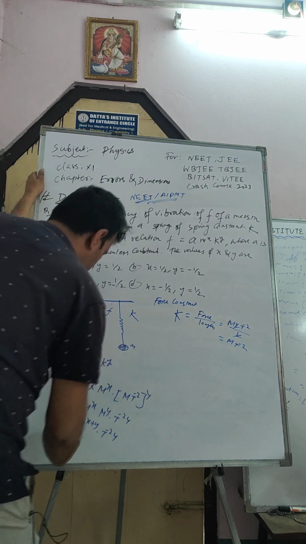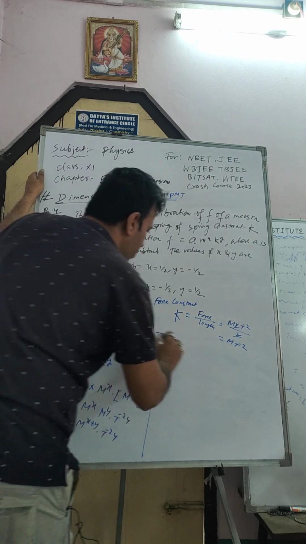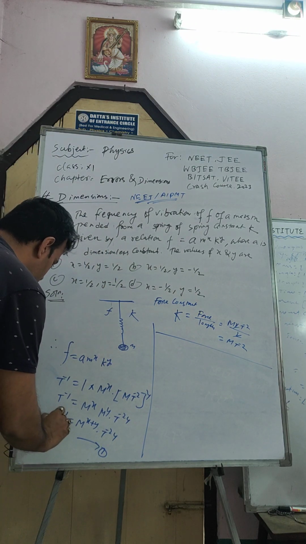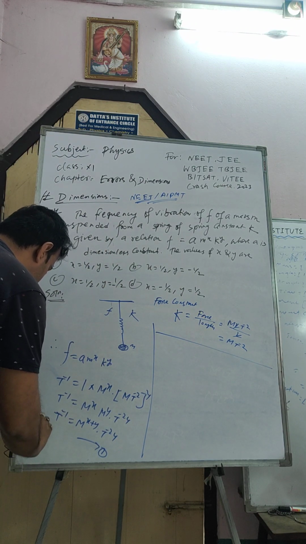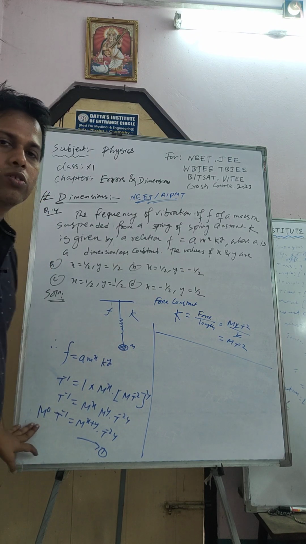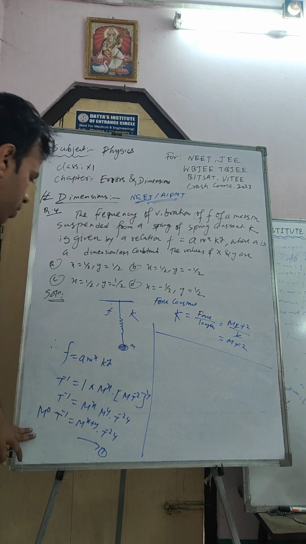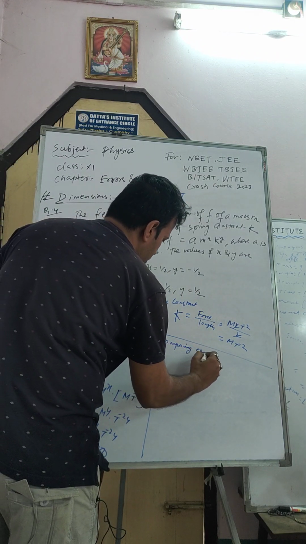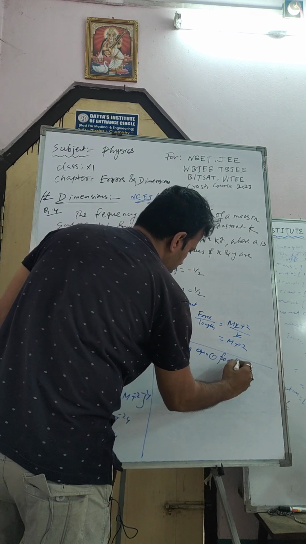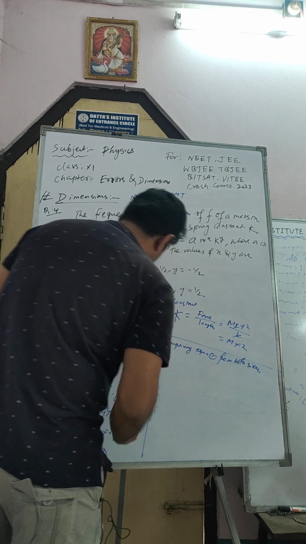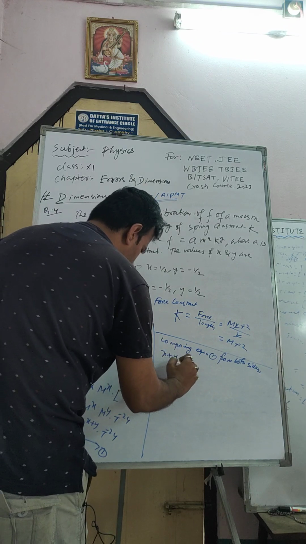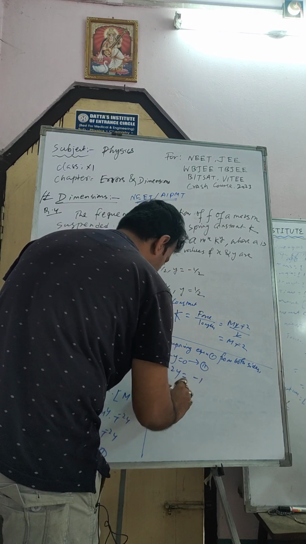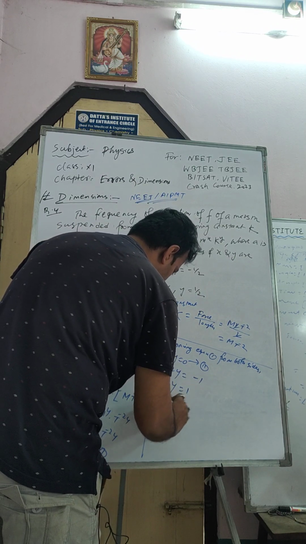Now if I compare the equation on both sides, we can write M to the power 0 on the left, and M to the 0 is 1. Comparing both sides, we get x plus y equal to 0, this is equation 1, and minus 2y is equal to minus 1, so 2y equal to 1, and y equal to 1 by 2.